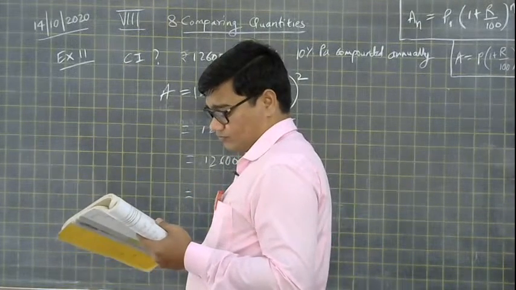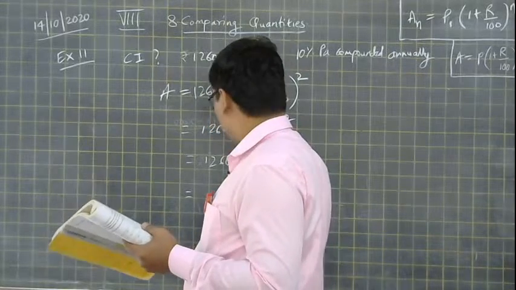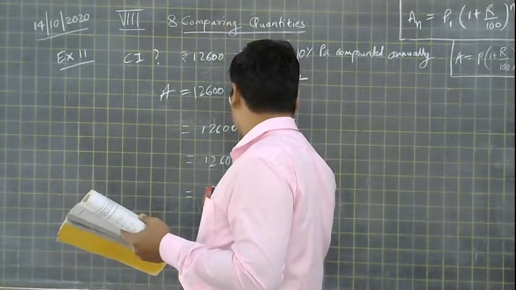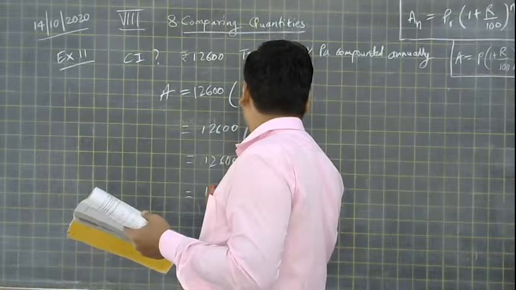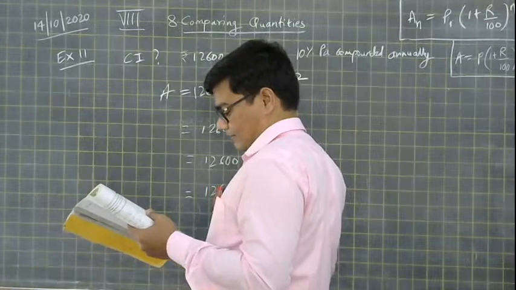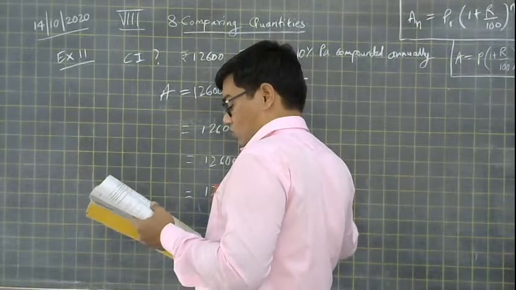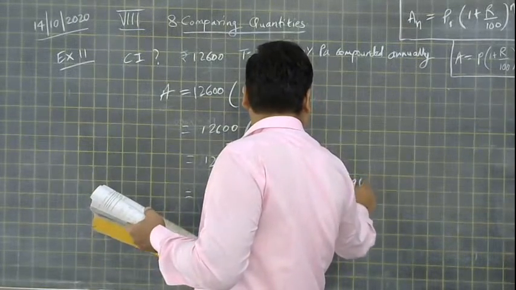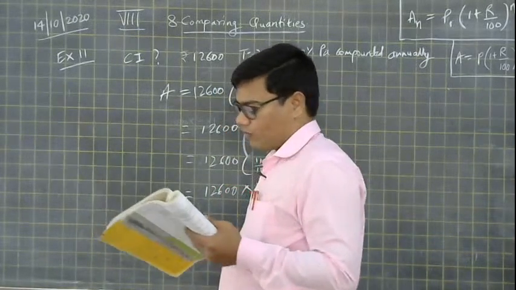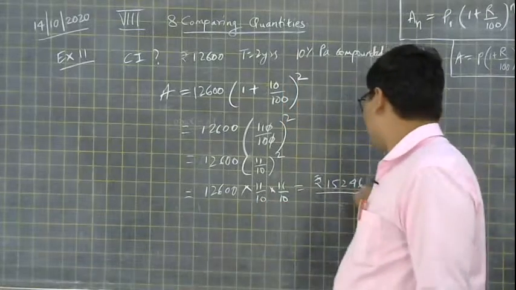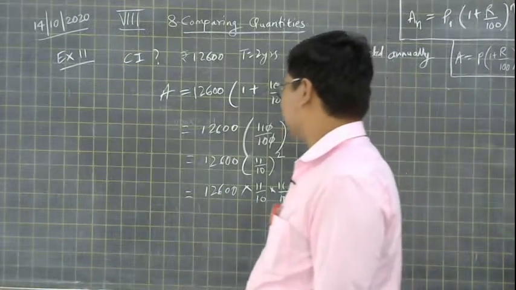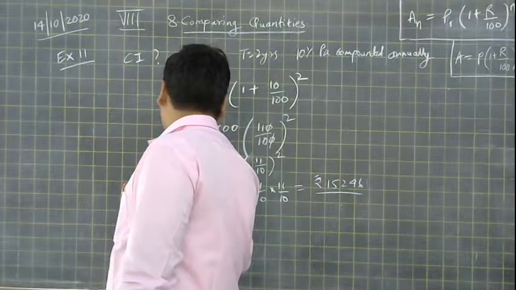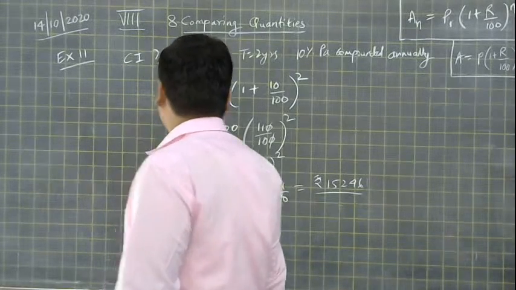So 12600 into 11 upon 10 into 11 upon 10 is equal to rupees 15,246. So this is the amount. To calculate the compound interest, we will remove the principal from the amount.